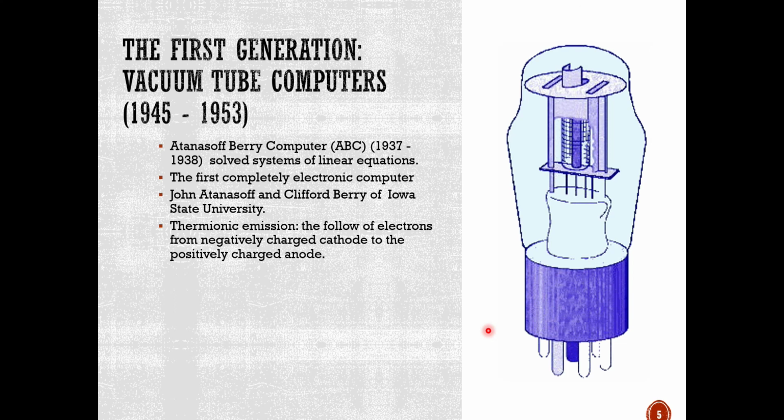This computer solved systems of linear equations, and it was the first completely electronic computer. The way it worked, it used thermionic emission. It pretty much says it's the flow of electrons from a negatively charged cathode to a positively charged anode. There's no reason to know this. We're just going through the generations of computers.